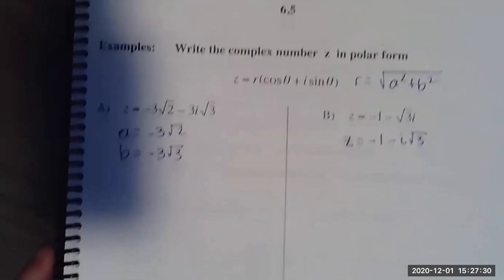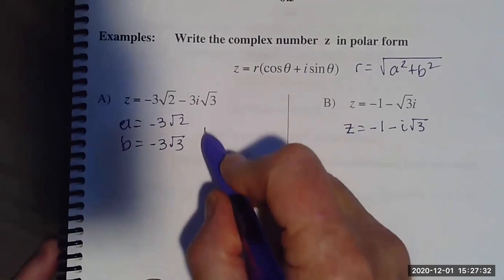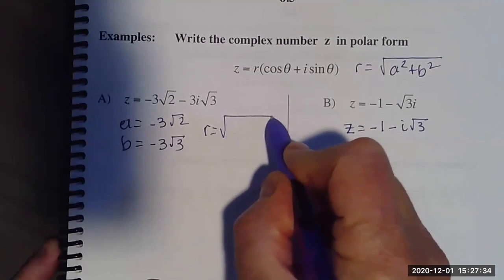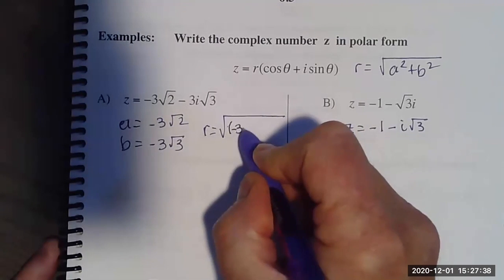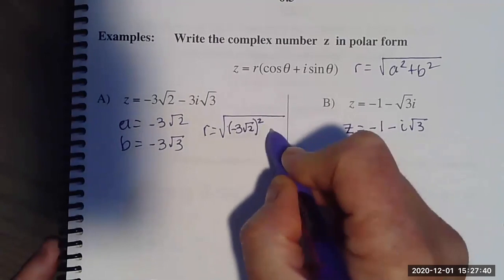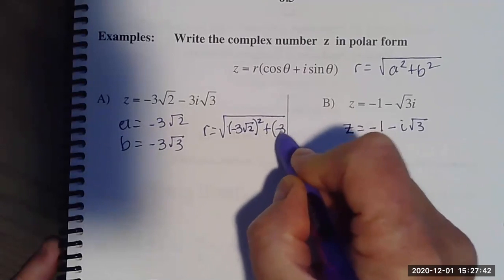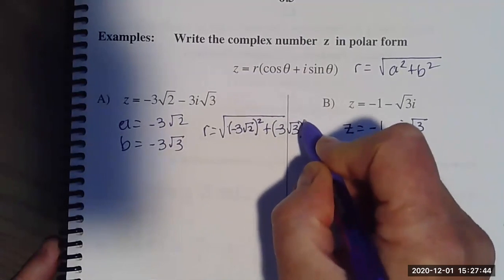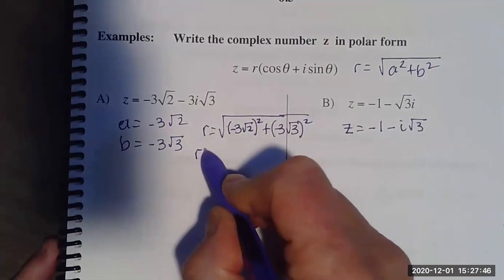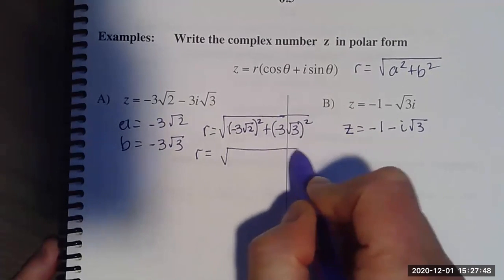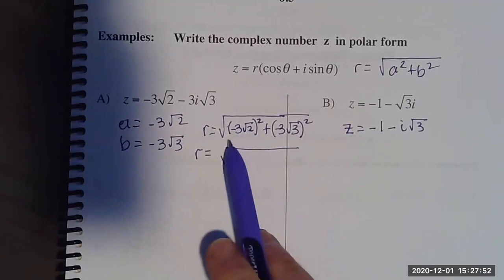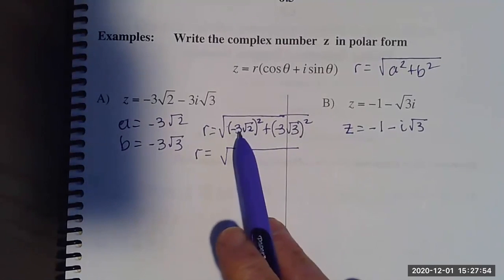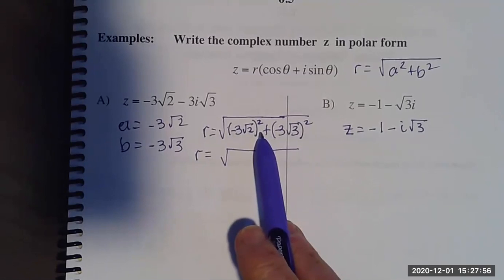Right, so now I have to find the radius. So r equals square root of negative 3 root 2 squared plus negative 3 root 3 squared. I got to square everything. That means square the negative, positive, square the 3, and square the root 2.